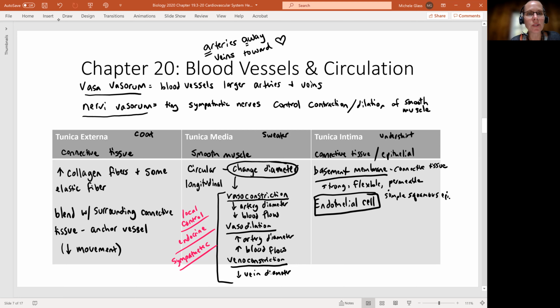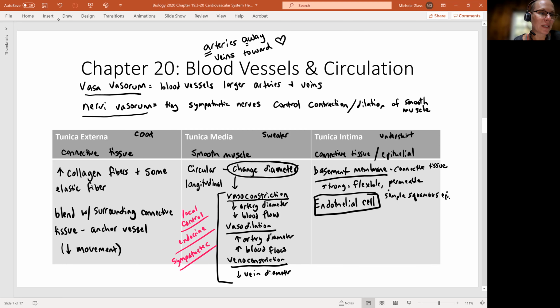So it's the innermost lining of all of your blood vessels, as well as the chambers of your heart. That's going to be true for both all the blood vessels as well as the chambers of the heart.